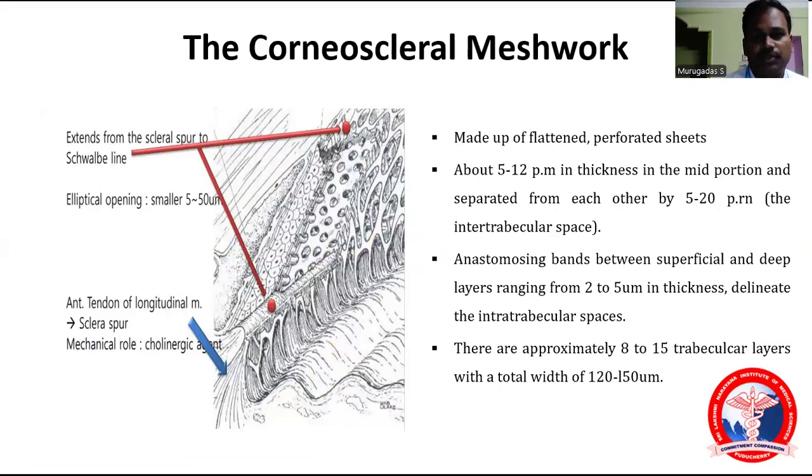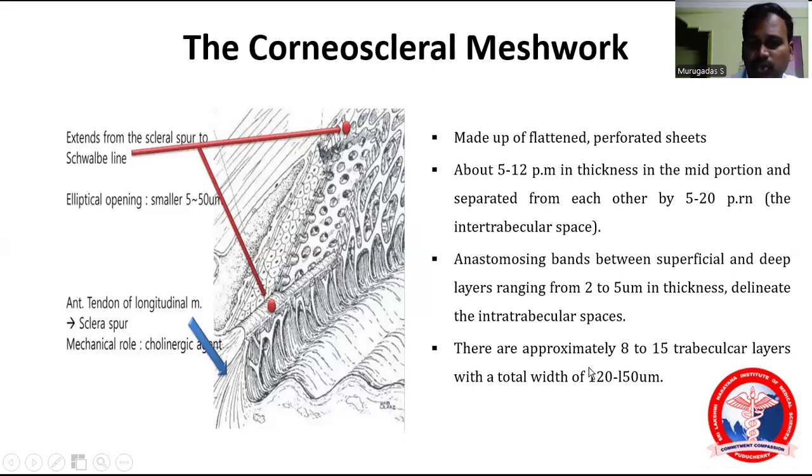Coming to the corneoscleral meshwork, it is made up of flattened perforated sheets, about 5 to 12 micrometers in thickness in the mid portion and separated from each other by 5 to 20 micrometers. Anastomosing bands between the superficial and deep layers, ranging from 2 to 5 micrometers in thickness, delineate the intertrabecular space.